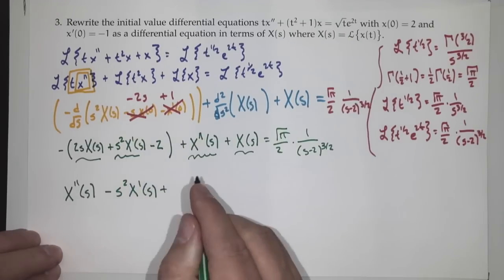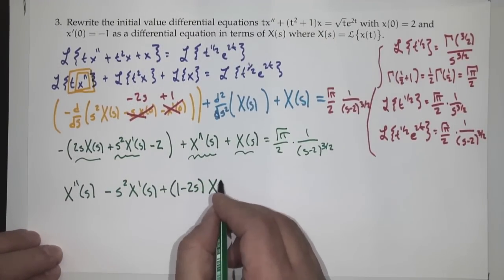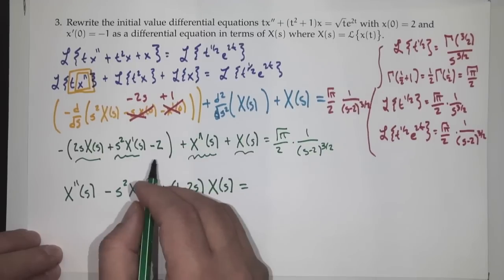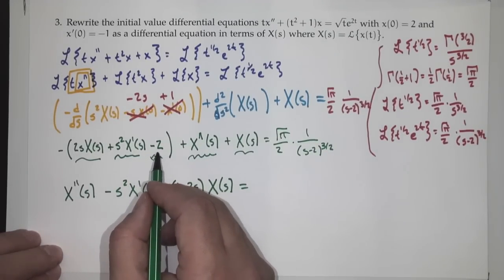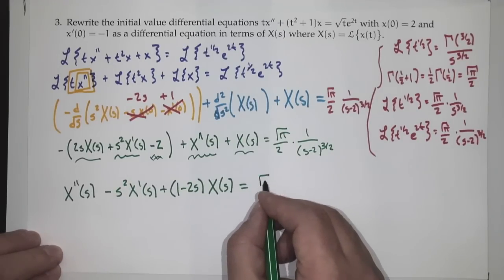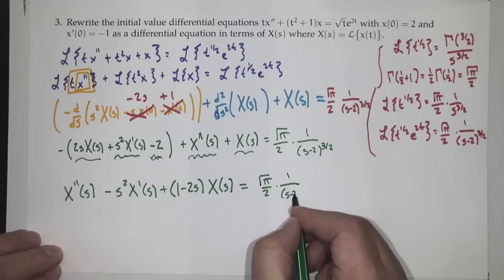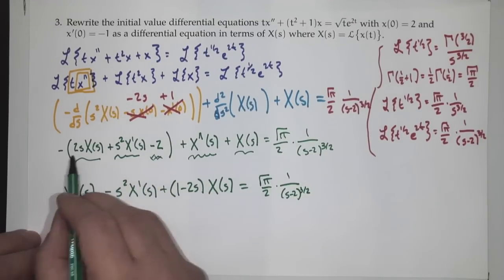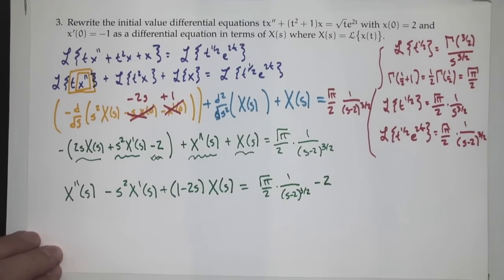There's a minus 2s there. So we can write this as 1 minus 2s x of s. And this last minus 2, that doesn't depend on x of s. We normally would move it to the other side, so we'll do it here. So we have the square root of pi over 2, 1 over s minus 2 to the 3/2. And this will come across, because there's a minus, it'll come across as minus 2.